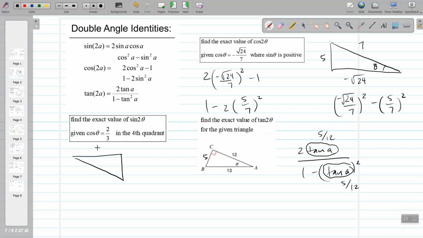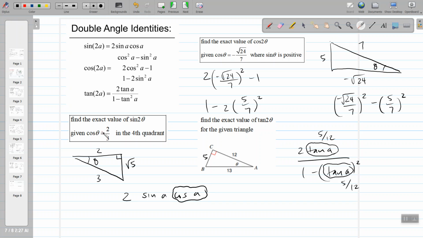That means you're going to have a 2 here, you're going to have a 3 over here. So working backwards, that means this guy over here, since this is a right triangle, is going to be, let's see, 9 minus 4 is 5, so rad 5. And that means when we plug it into the formula over here, 2 sine A cosine A, the cosine A we had from the given information.